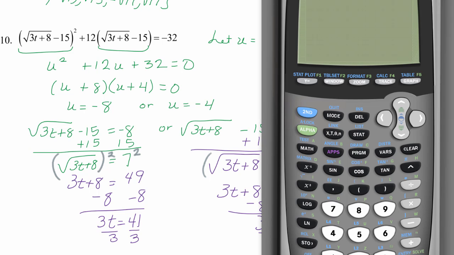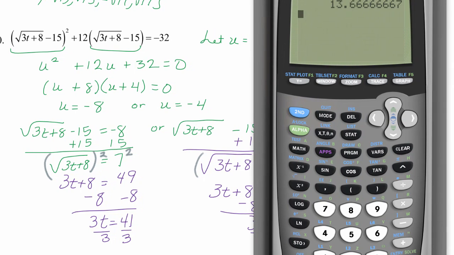Okay, so 41 thirds. I'm going to store that into x. And then I have the square root. Let's figure out what this square root of 3x plus 8 minus 15 is.